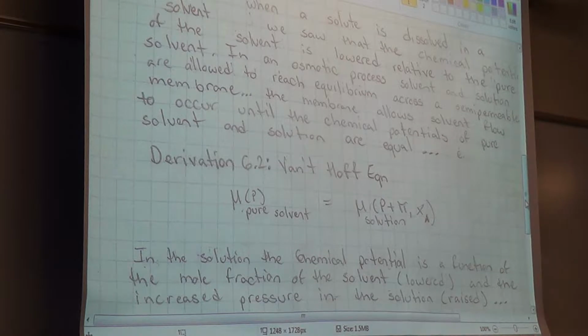You have a situation where you take a solution of some species and separate it from a pure solvent via a porous membrane.